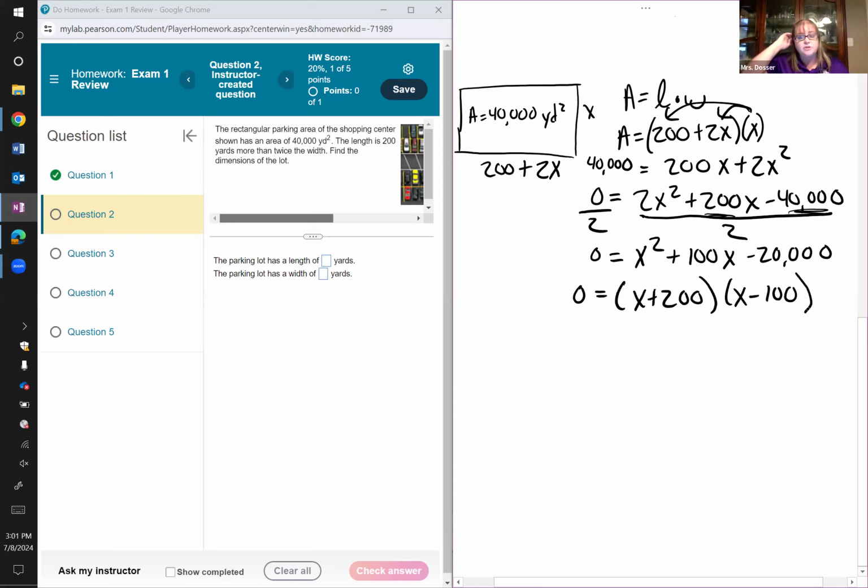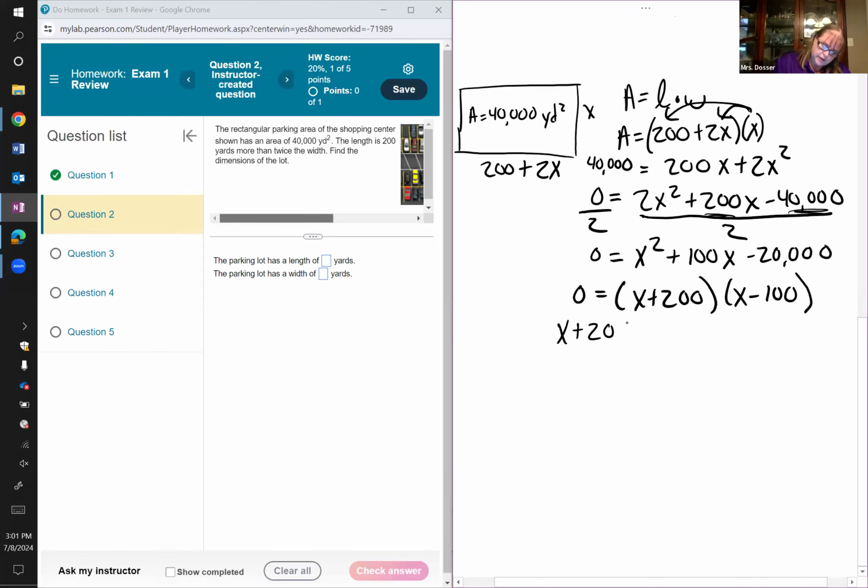So notice when we're factoring, we're looking for what two things multiply to give us negative 20,000 and add to give us a positive 100. 200 times a negative 100 does multiply to give us negative 20,000. And if we add them, 200 plus a negative 100, we do get 100. And so we did factor it correctly. Again, if you could not find those factors, you can use the quadratic formula and you will get the exact same results. And so from this point, we set them both equal to 0.